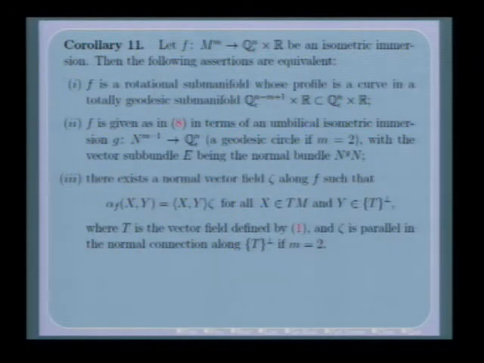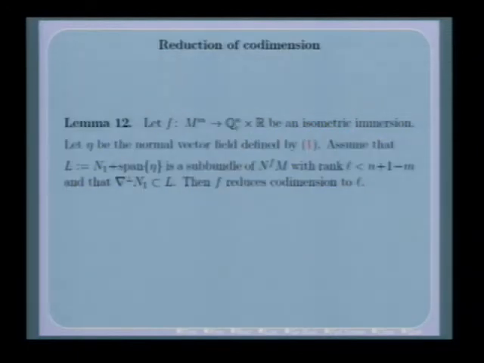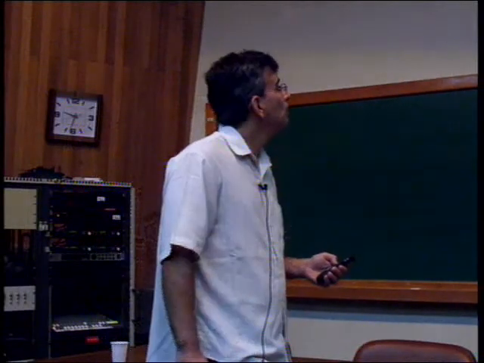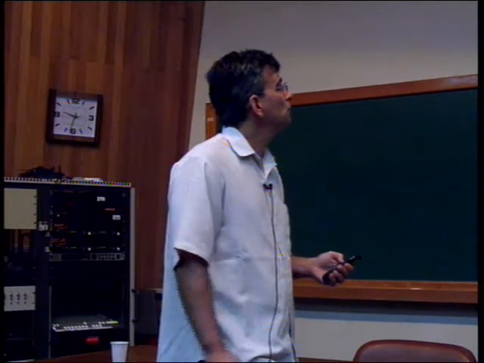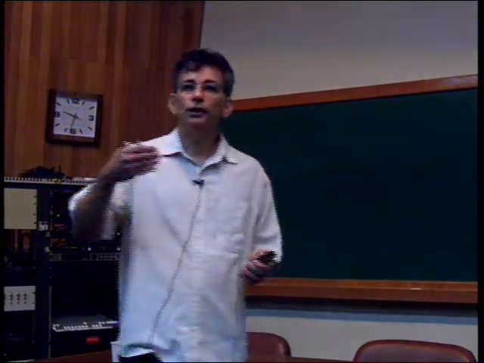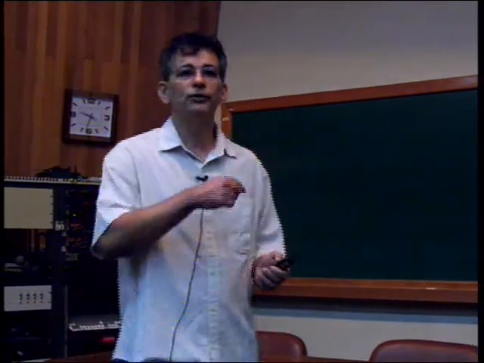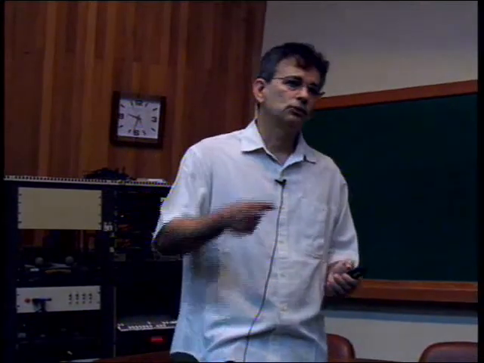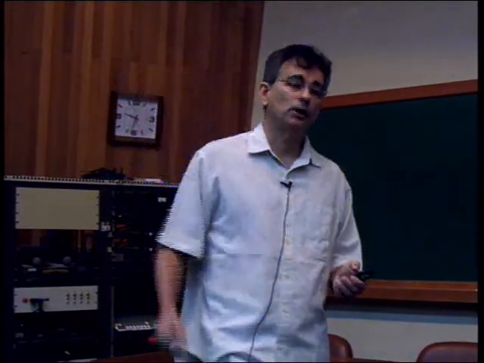And we now just have to add the umbilicity condition. But this would not certainly enable us to get a classification unless we first were able to show that they reduce codimension. Otherwise, the profile curve would be a curve in a totally geodesic submanifold of very high dimension.